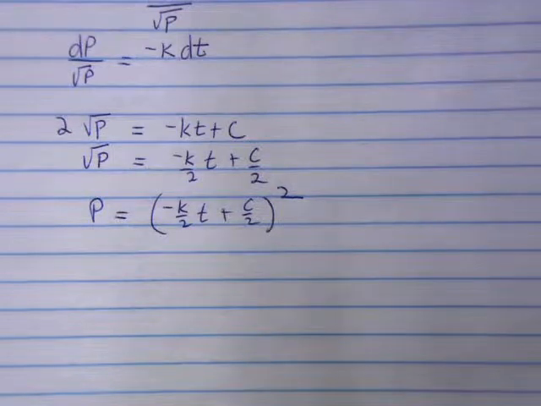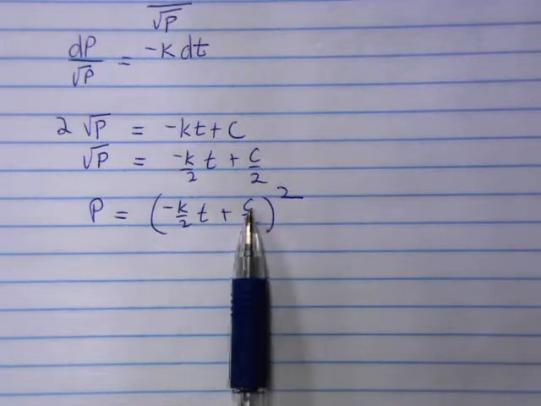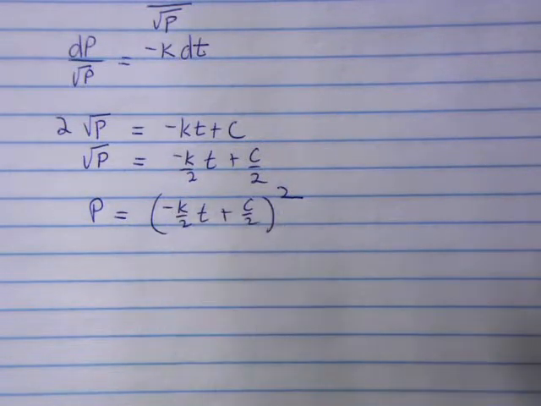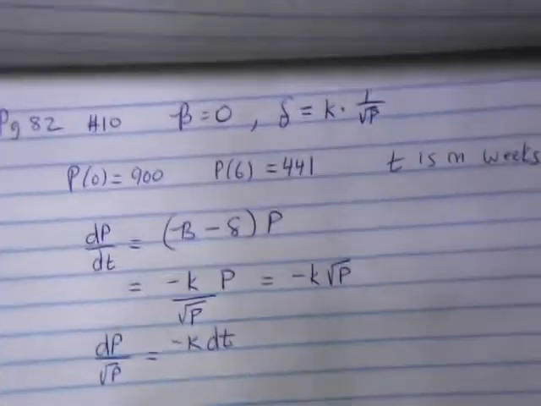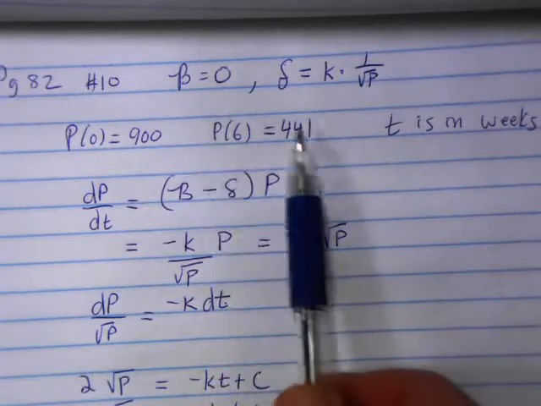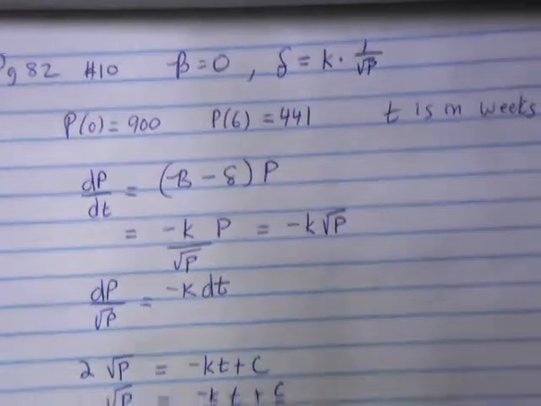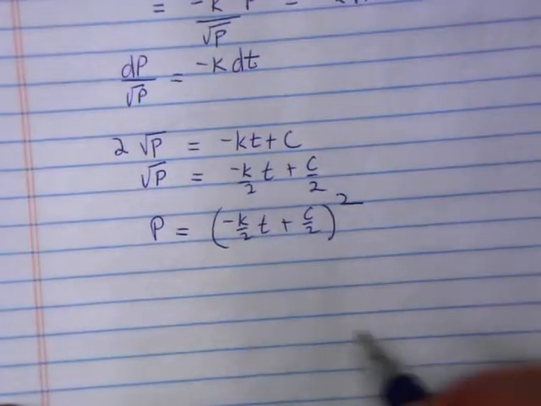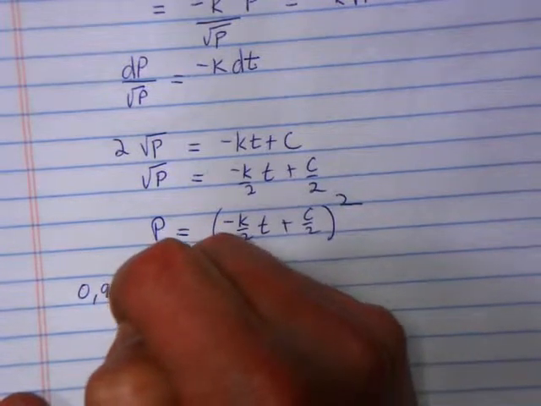All right, so notice we have how many unknown numbers? 2. But the good news is they gave us 2 conditions, didn't they? So we'll plug these in. I'll plug in 0, 900.